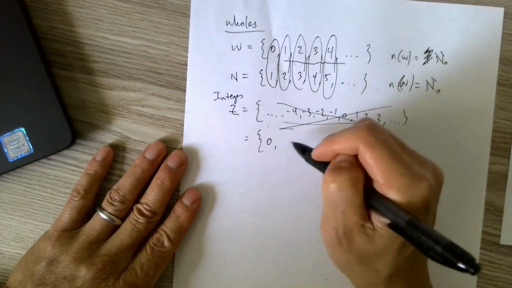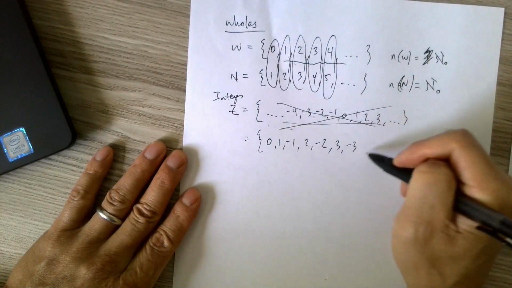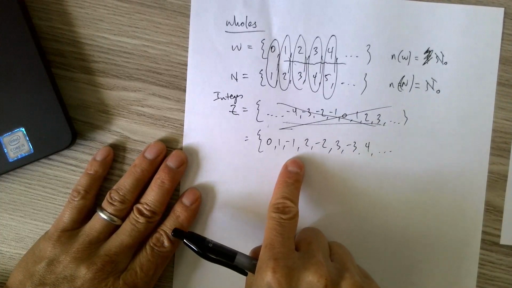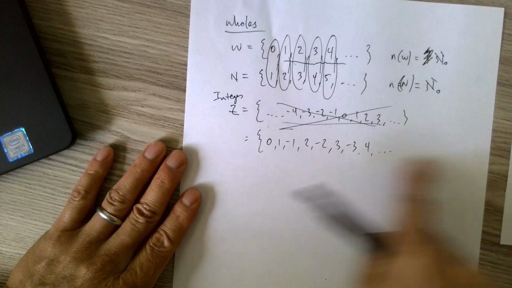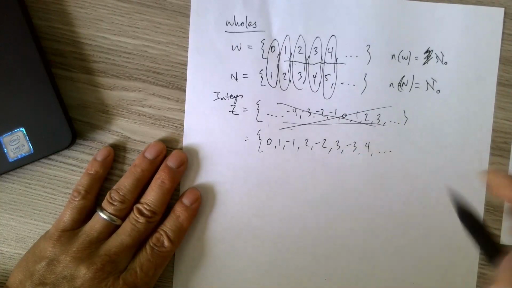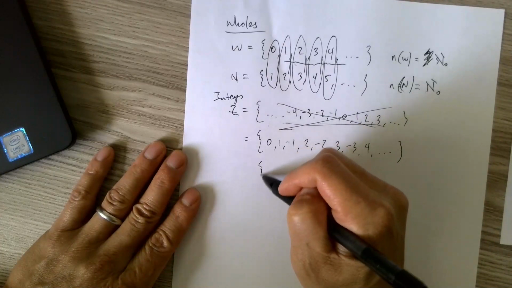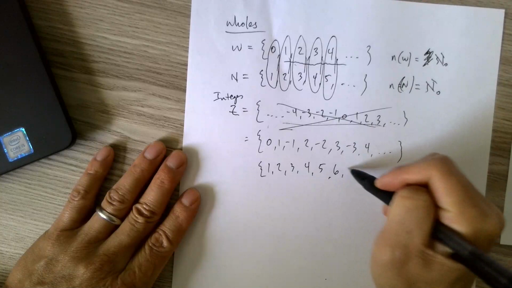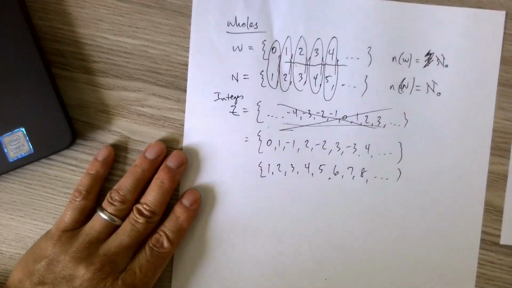But if I do this, I will be able to list out every integer without skipping any. And I'm only going in one direction. I'm just going to the right. Now, I place naturals underneath. Do I have one-to-one correspondence?